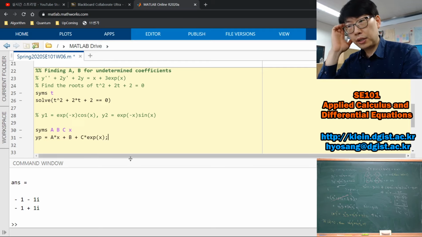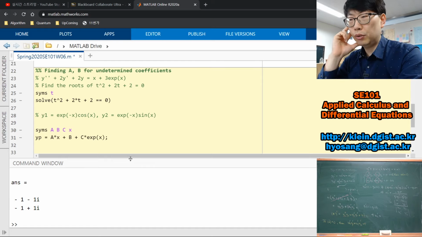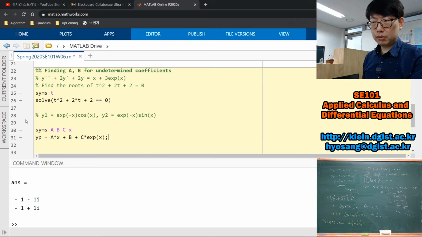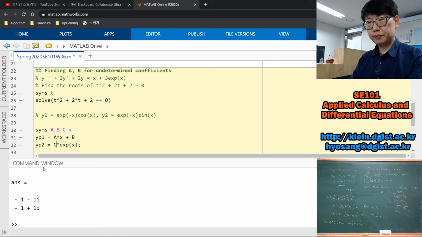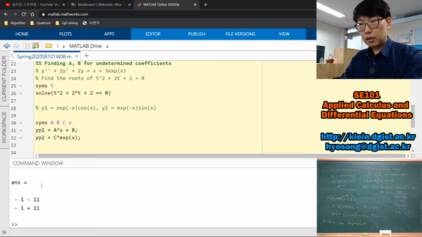So I start with this expression. I could split it into yp1 and yp2. You can do that, so let me do it in two ways. First, I define yp1 and yp2 separately, and I'm trying to solve for a, b, and c. Let's try to solve for a and b first.